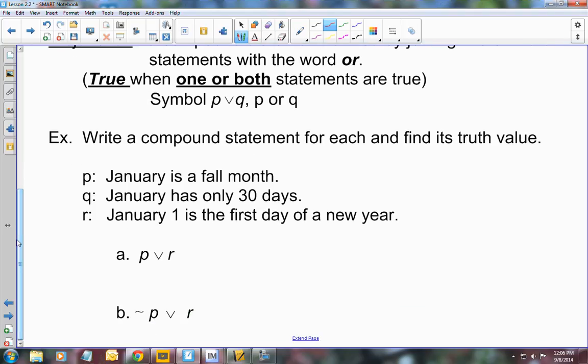All right. So we're going to write a compound statement for each and then find its truth value. January is a fall month. True or false? False. January is a winter month, so that's a false statement. January has only 30 days. On your knuckles? Okay, that is false. And January 1st is the first day of the new year.